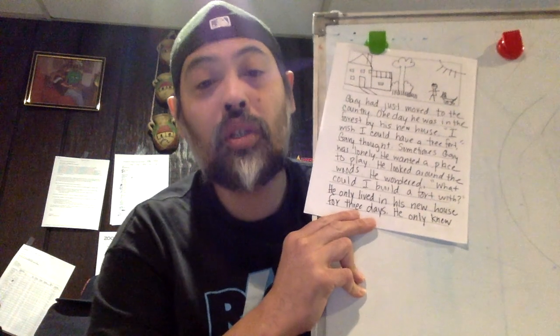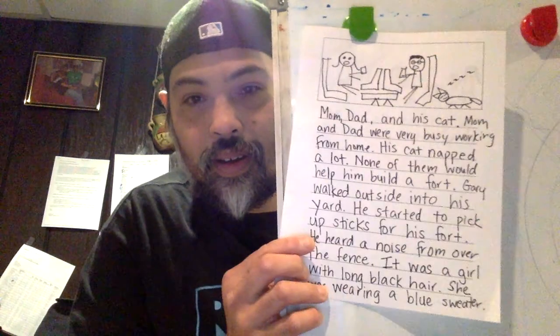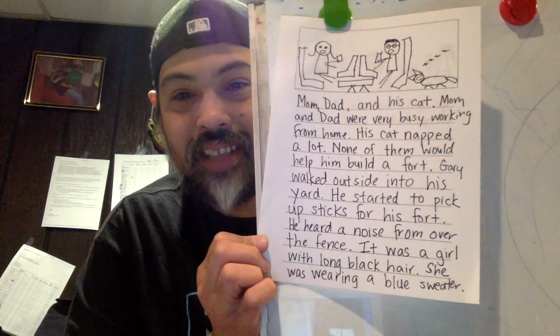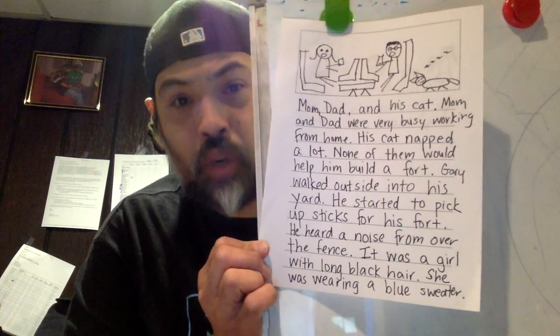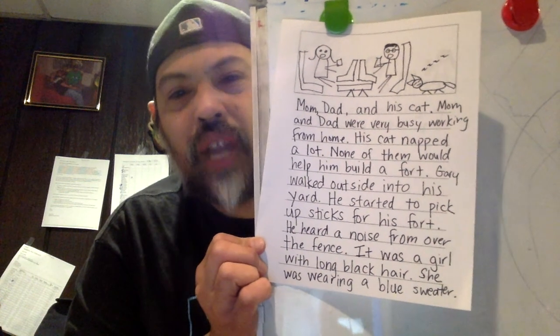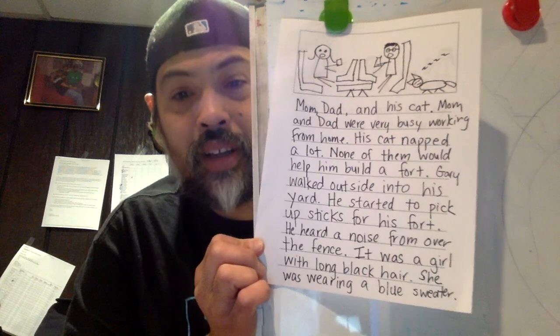He only knew Mom, Dad, and his cat. Mom and Dad were very busy working from home. His cat napped a lot. None of them would help him build a fort.